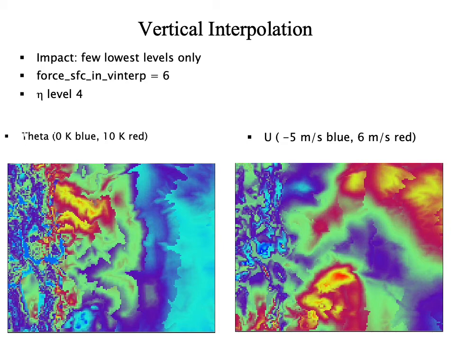So at level number 4, you can see on both the potential temperature and the U field a very smooth transition in the eastern two-thirds of the domain. However, once you get into the topography, there's very small scale noise introduced because of the change in the way this particular surface field is utilized.